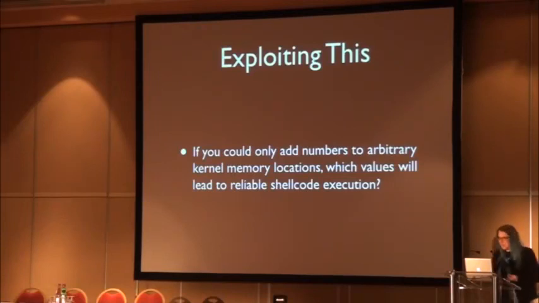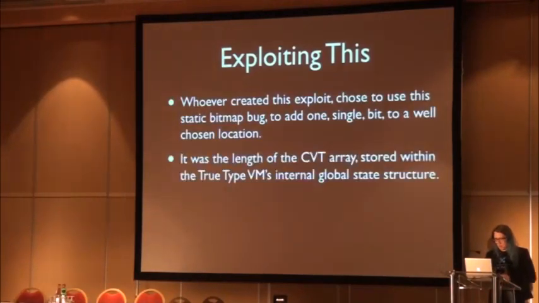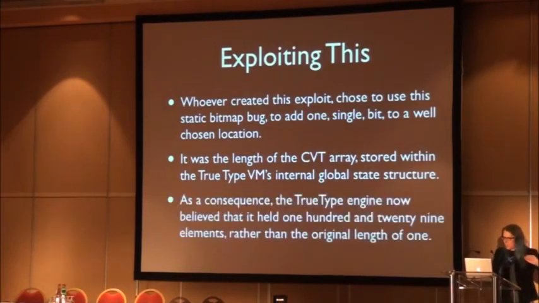So how would you do this? Anyway, as you can see, there's only 1 bit that's getting added to memory by this exploit. As luck would have it, the bit the person who wrote this exploit chose to add was to the length of the CVT array.